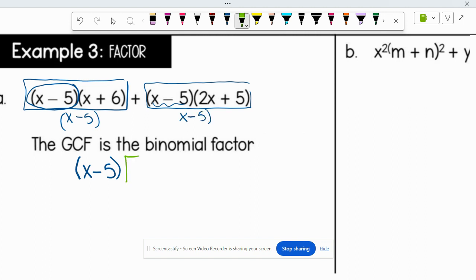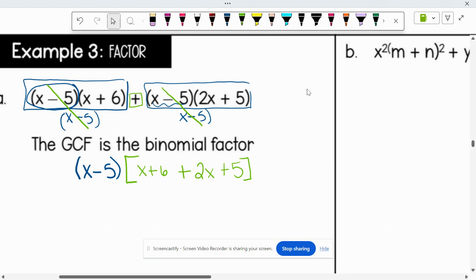When I divide this polynomial by x minus 5, I'm left with x plus 6, plus, there's a big old plus in between these. When I divide this polynomial by x minus 5, I'm left with 2x plus 5.